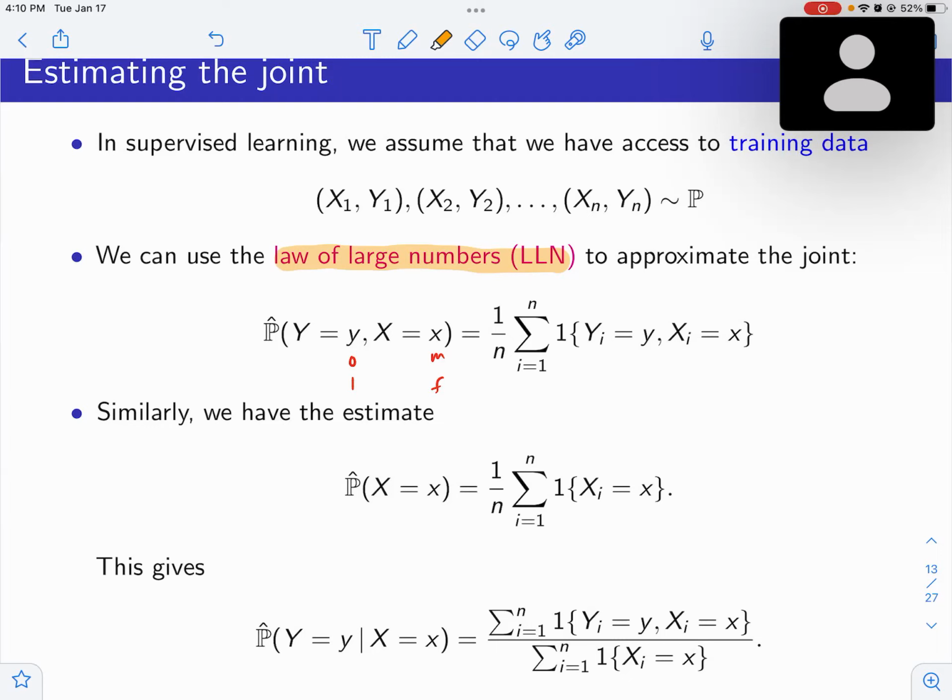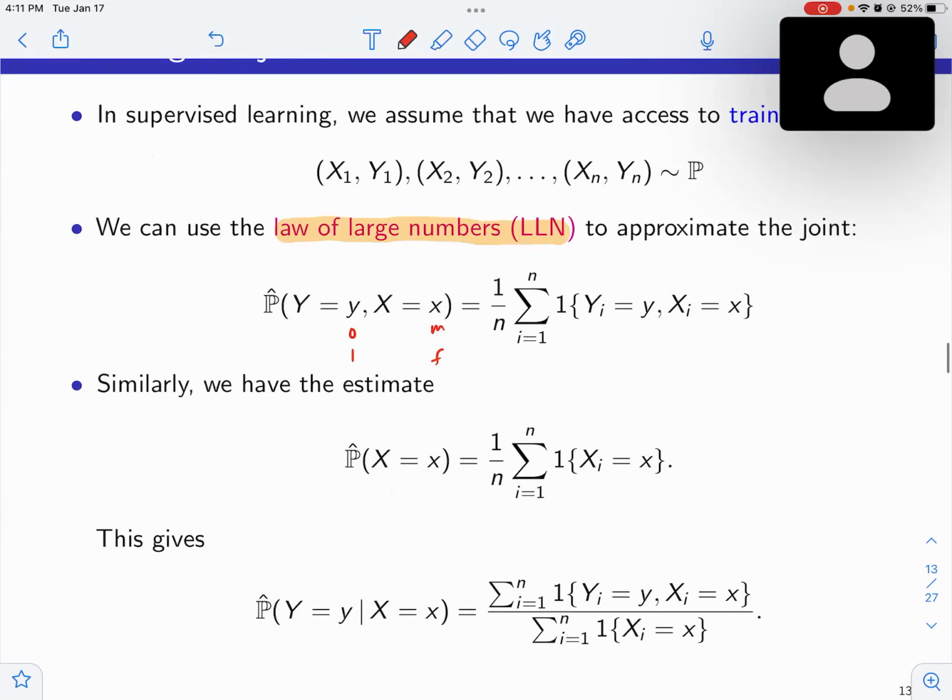Have you seen it in a previous class? Yes. I think in the 102C, the most probable class. Okay, 102C. Yeah. So when n is large enough, it gives you an accurate approximation. That's good. Yeah, that's exactly what this is saying.